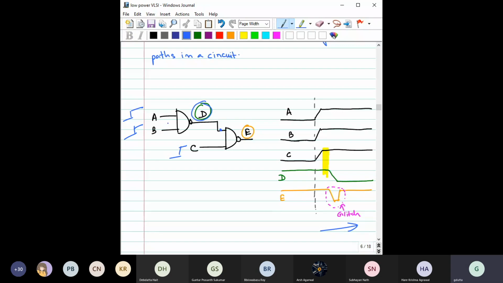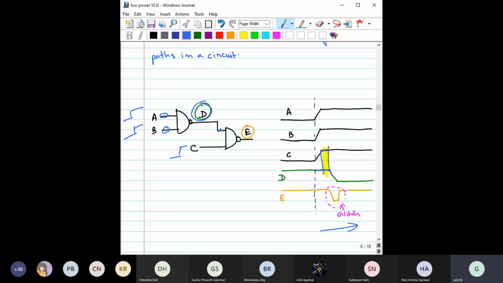So what is happening when A and B are changing? After some delay, the value of D will change. You see this D value has changed, but for this period, which is already highlighted here, C is high. So for at least some nanoseconds, the output E will become 0 before it rises again.